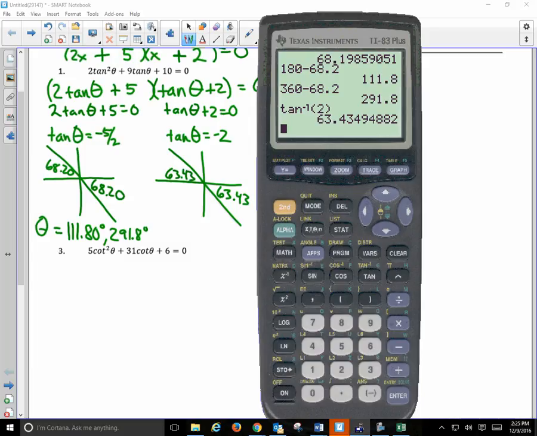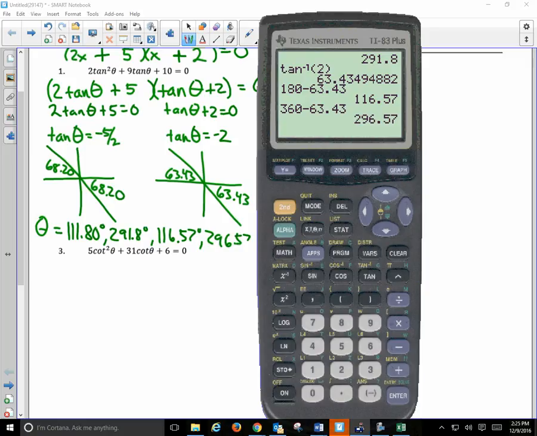So again, 180 minus 63.43, and 360 minus 63.43 gives 296.57. So I've come up with 4 solutions.